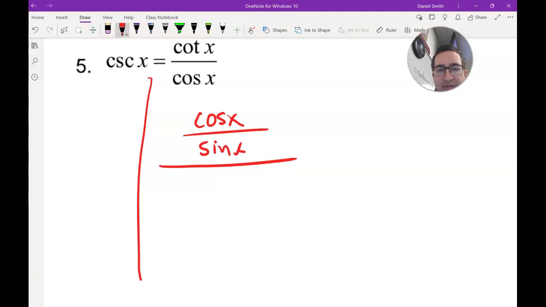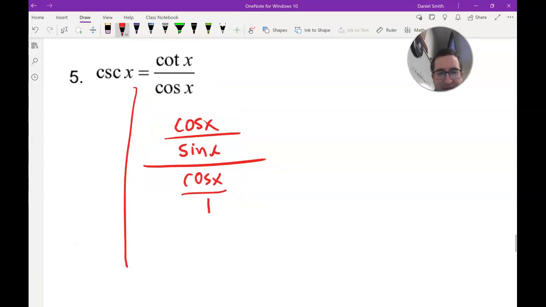That's identity 5. And then this cosine here, I don't want to change that too much. You very rarely almost ever change cosines to secants. Super rare. Usually changing everything to sine and cosine is a great idea.